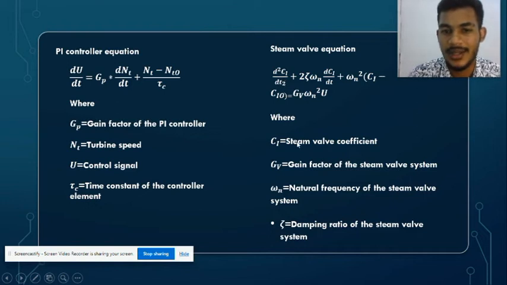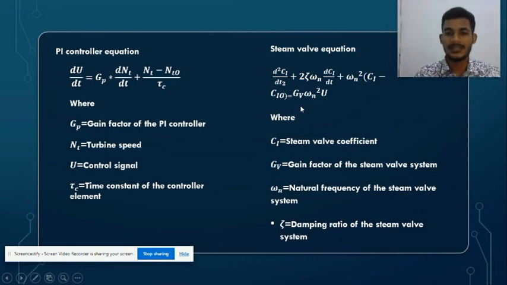First, we derive the steam valve coefficient in the second order, then plus 2 times the natural frequency of the steam valve system with first order derivation, plus the natural frequency of the steam valve system to the power 2, times the bracket of steam valve coefficient minus steam valve coefficient not.